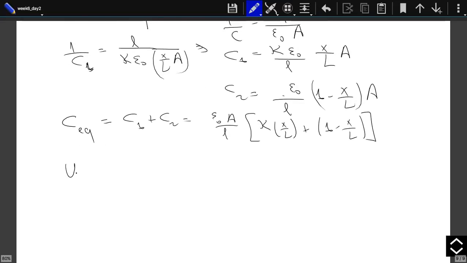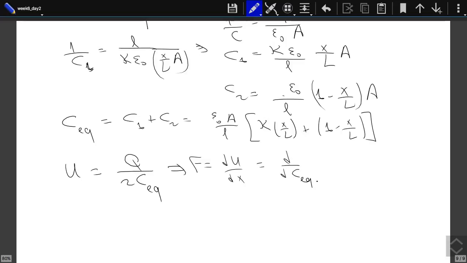U is equal to Q squared over 2 C equivalent. The only x-dependent piece over here is the equivalent capacitance. So F, which was dU by dx, is equal to dU over dC equivalent times the derivative of the equivalent capacitance with respect to x.